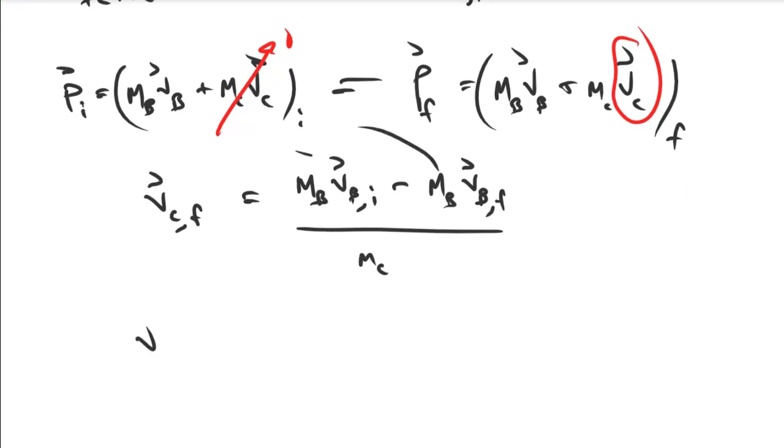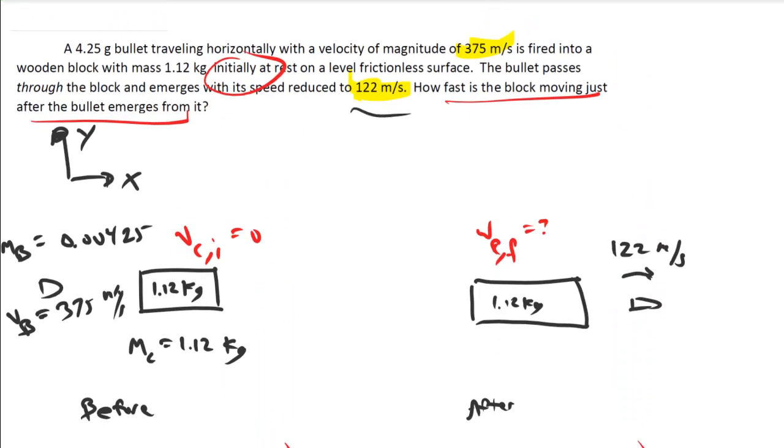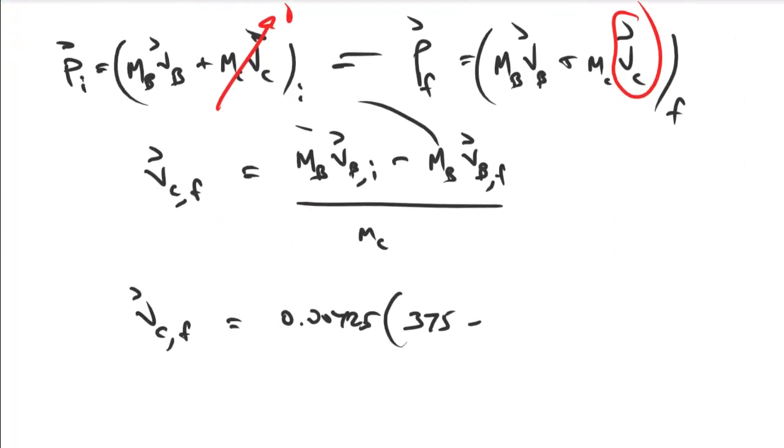The final velocity of the crate would be equal to 0.00425, the 4.25 grams, times 375 minus 122, the speed it emerged, divided by 1.12.